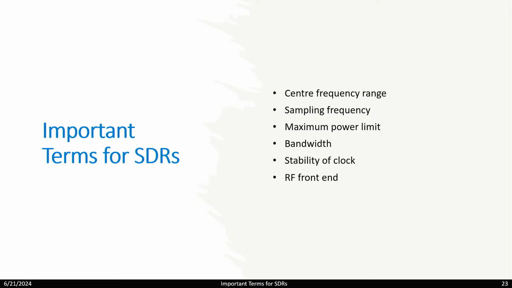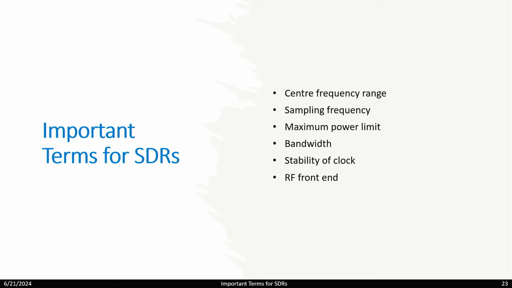These are some important terms which come in the hardware side for wireless communication: what center frequency it works at, what bandwidth it supports, what sample frequency it supports, and what the stability of the clock is. Because this device is not high in cost, the stability of the clock is not very good, but it is reasonably good, I will say.